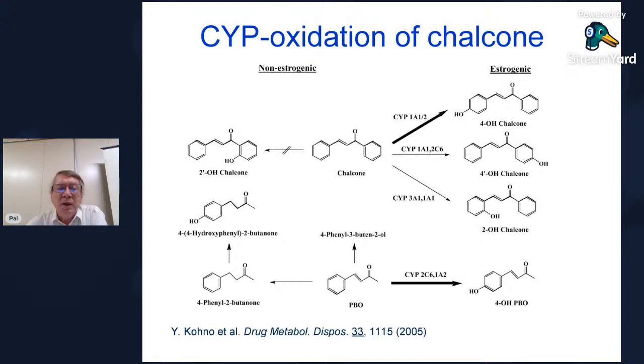As you can see, particular cytochrome P450 enzymes can catalyze hydroxylation reactions of the chalcone molecule, resulting in 4'-hydroxy derivatives and 2-hydroxy derivatives of the parent chalcones, which can, of course, undergo further metabolic transformation, for example conjugation with sulfate or with glucuronic acid.